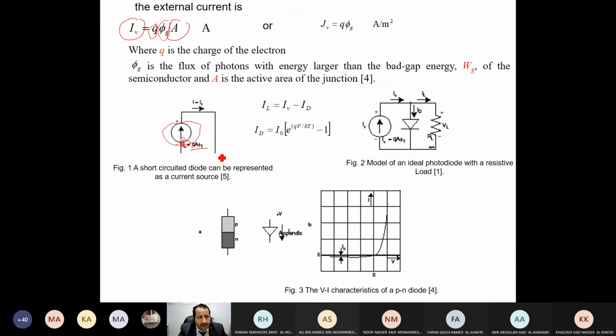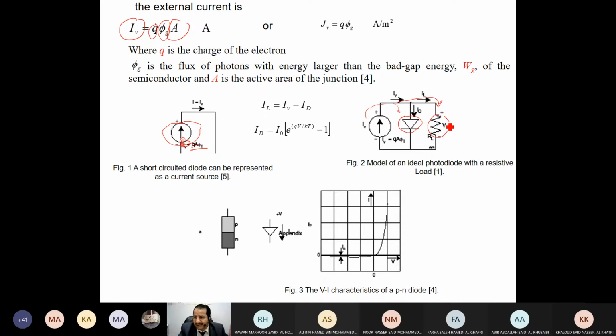Also, we mentioned that this is a PN junction, so the diode. A PN junction is a diode, so we need to consider the diode effect in the circuit. So I add a diode here. Current comes from here. Part of it is used in the diode effect, and part of it goes to the load.